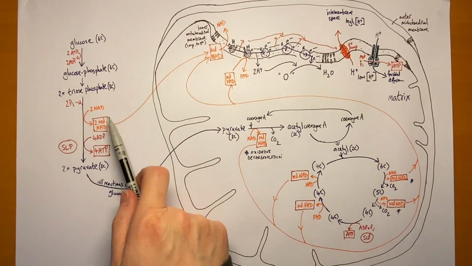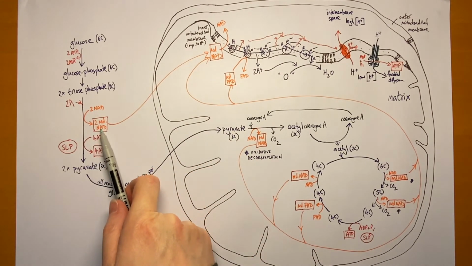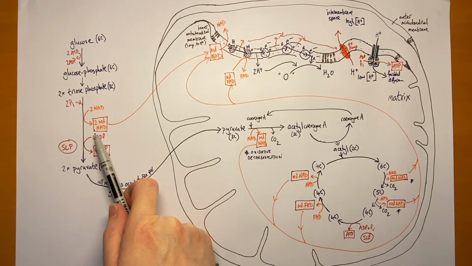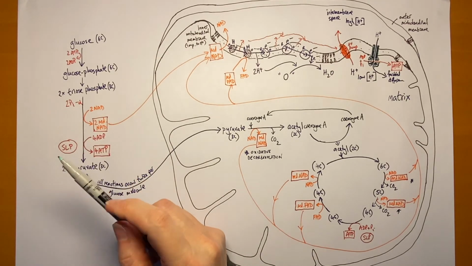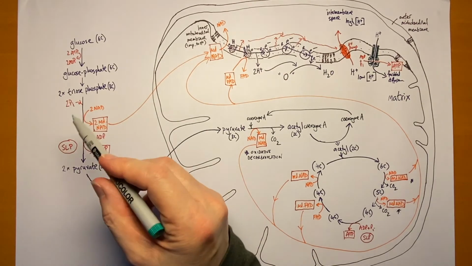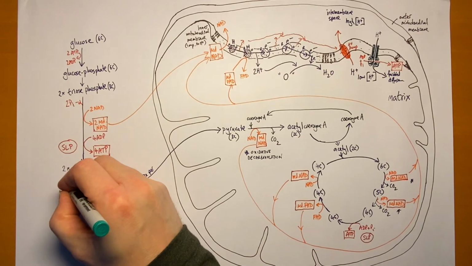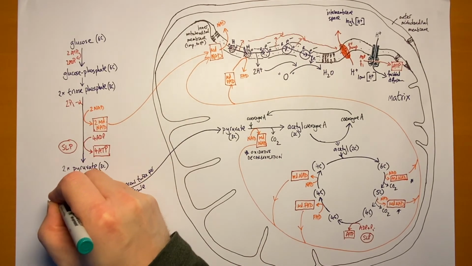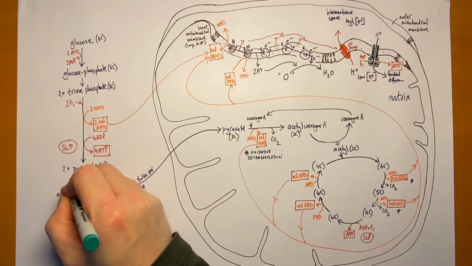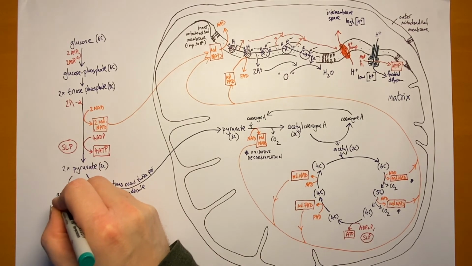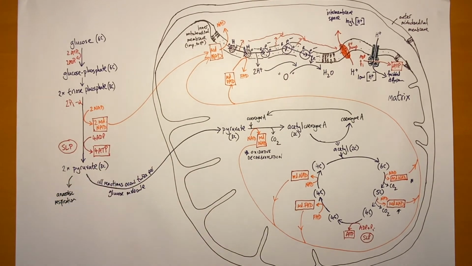So what you need to do is for reduced NAD to lose its hydrogen. So we can have anaerobic respiration taking place, and this takes place in the cytoplasm.